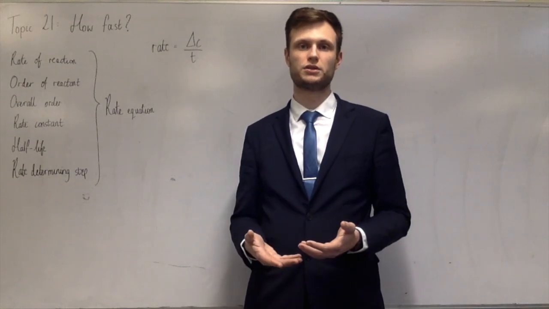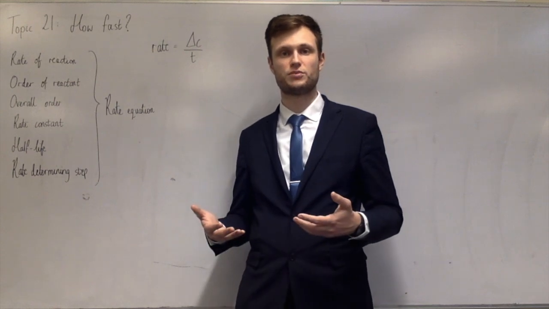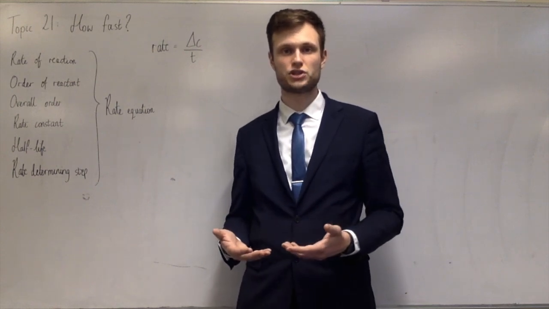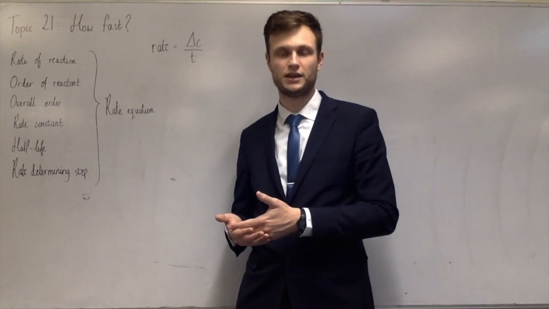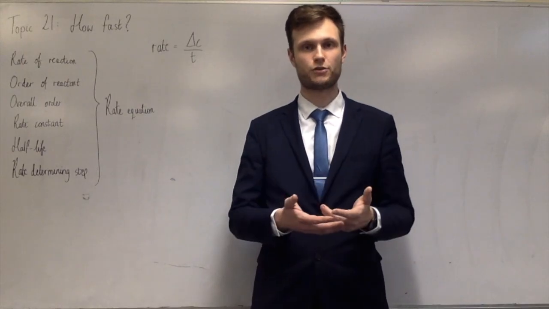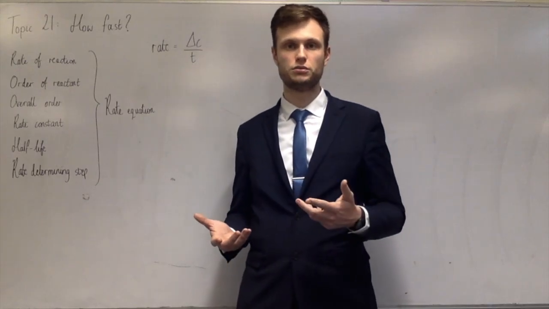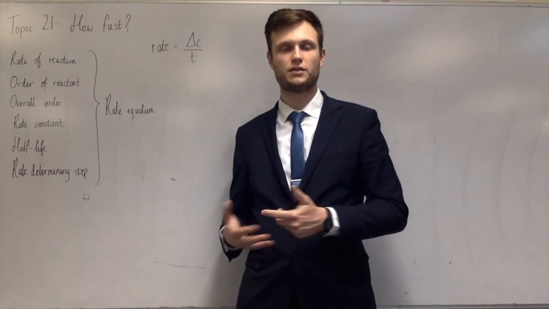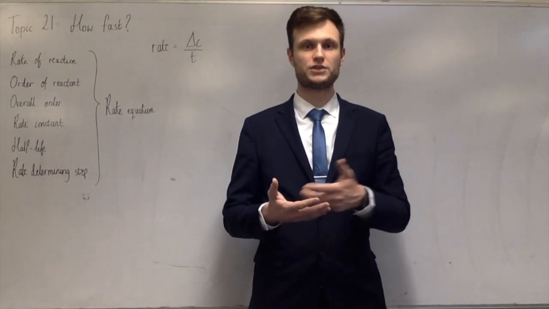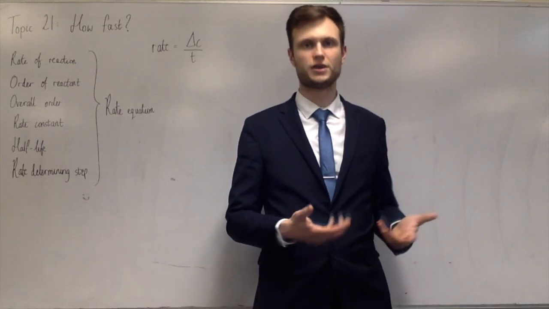And hopefully you can see that those relationships are an exponential relationship, and the order is the same as raising to the power of. So when I said I tripled the concentration, if I raise 3 to the power of 2, because I said it was second order, then the rate will go 3 times 3 times faster, which is 9 times faster.